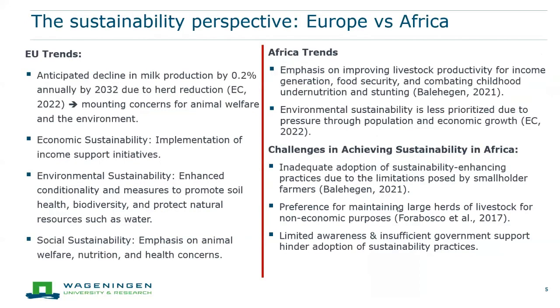Then when we look at sustainability, there are different ways of looking at it, and the perspective might change slightly. For example, in Europe, it is likely that milk production will decline by 0.2% annually. And this is because of concerns.